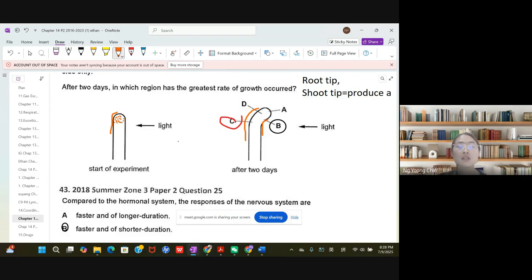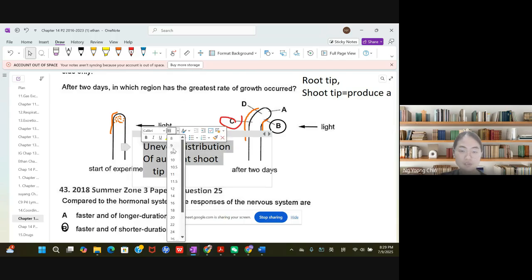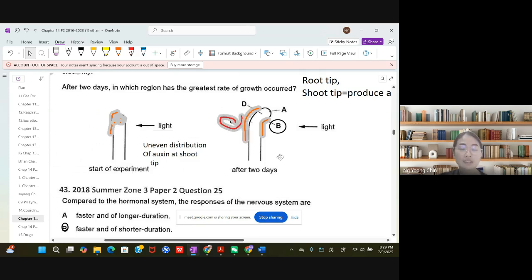But if light penetrates and shines on the shoot tip, the light will cause uneven distribution of the auxin at the shoot tip.